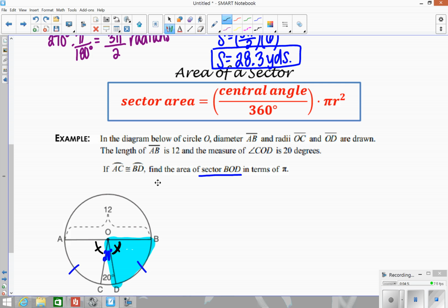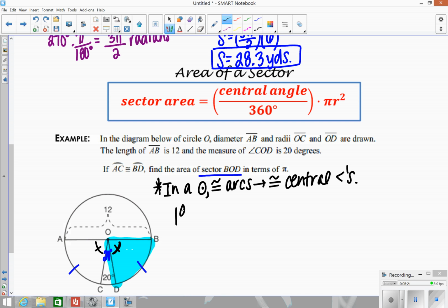So let me write the reason for that. In a circle, congruent arcs imply congruent central angles. That's why I know that those angles are congruent. If I want to find these two angles, I know this entire set of angles is going to be 180 degrees because they form a straight line.